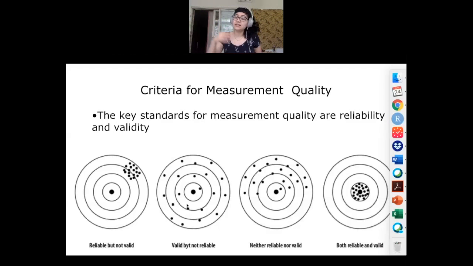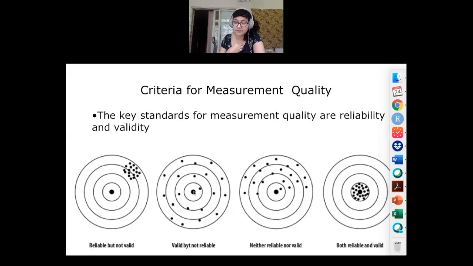So maybe it said 75, 60, 67, and it was sort of all over the map. It's not consistent. It's not in the same space. But if you averaged all of these together, it would be accurate.